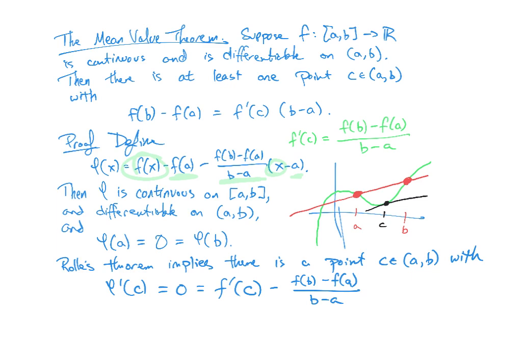That is, phi prime at c is f prime at c minus that. Well, that's it, right? So we've proved there's a point c where f prime at c is equal to f of b minus f of a divided by b minus a. That is what we wanted to prove. So that is the same thing we claimed in the statement.